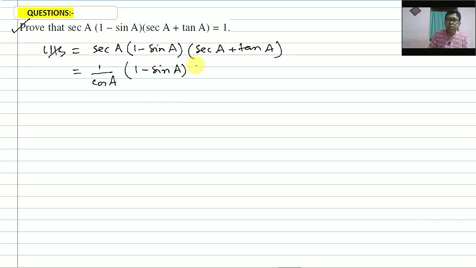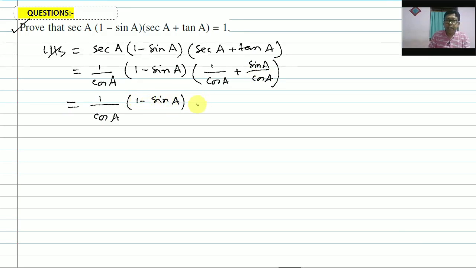No need to change that sec of a, it is 1 upon cos of a plus sin a upon cos of a. So here 1 upon cos of a whole into 1 minus sin of a, and make an LCM here, it is cos of a and 1 plus sin of a.